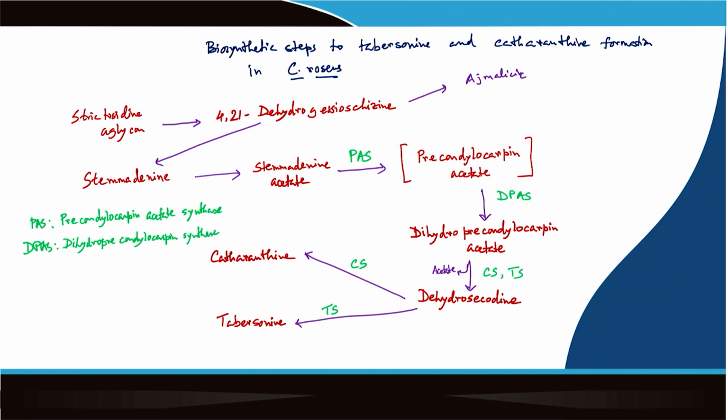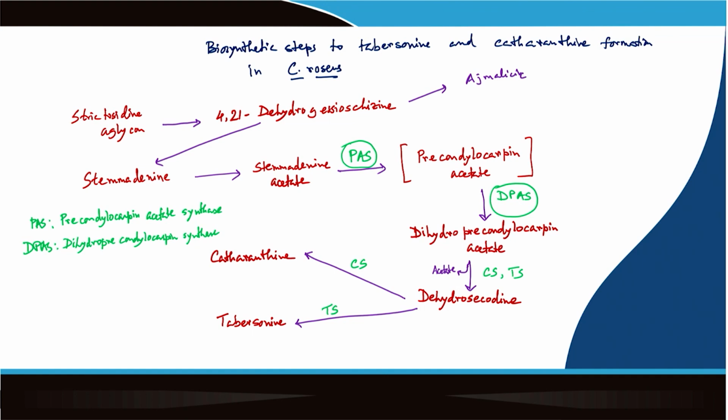So, these are basically the two new enzymes. So, these two new enzymes they have characterized for the first time from Catharanthus roseus.